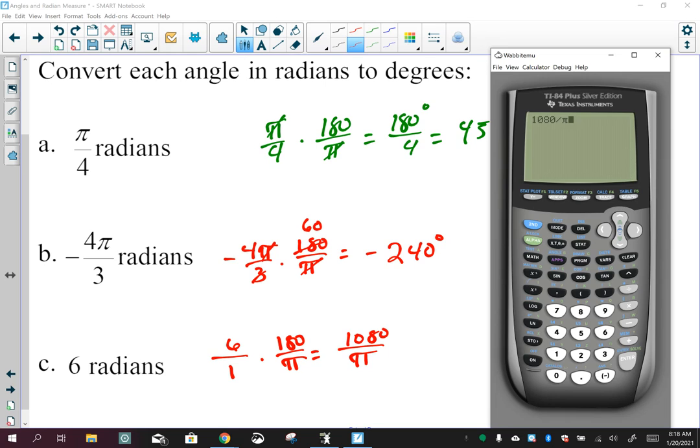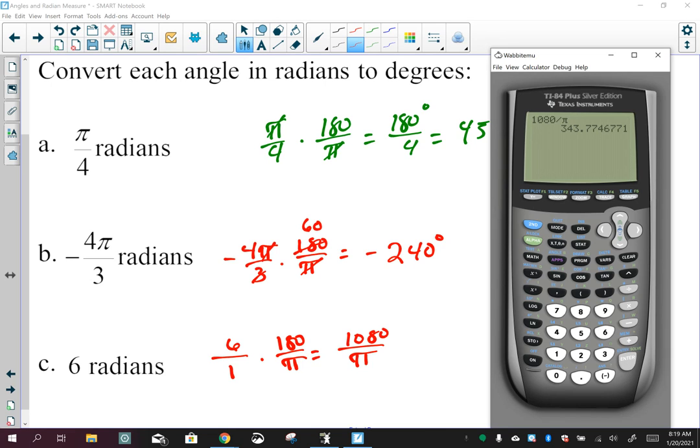There's an actual pi key on your phone. Unless it tells you to use 3.14 or whatever, you are going to use the pi button. Unless it tells you specifically, and then it'll tell you how to round.